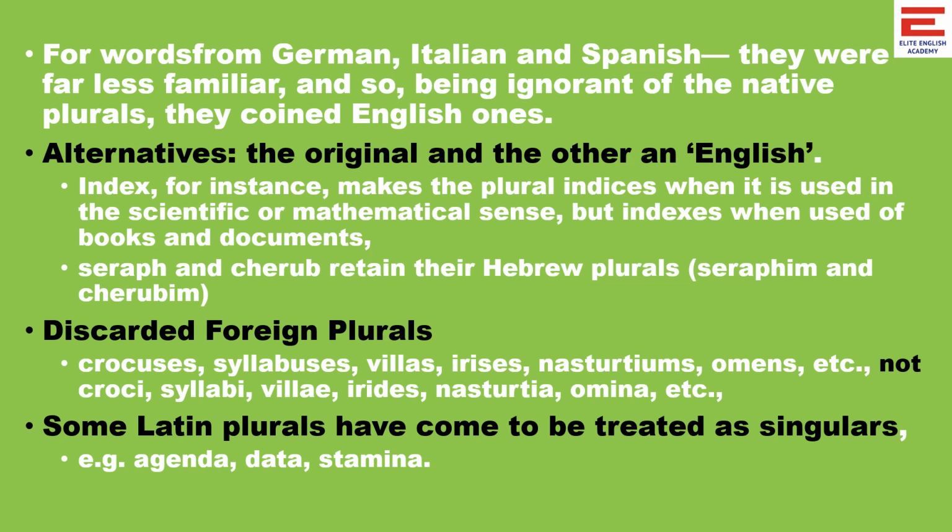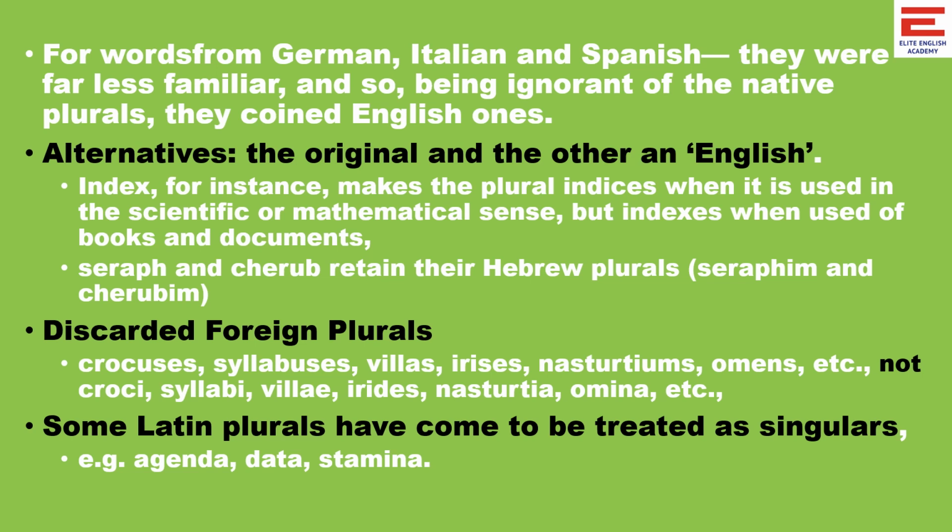For example, index, indices, then seraph, cherub. Here we retain the Hebrew plural. See, the point to be conveyed here is that both the native plural as well as the English plural are retained. Then we have discarded foreign plurals.